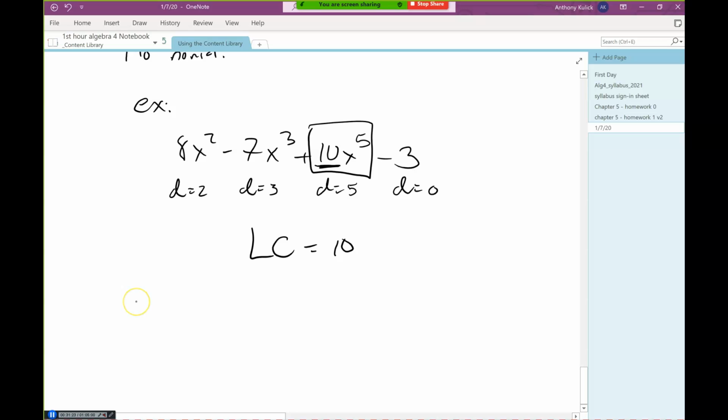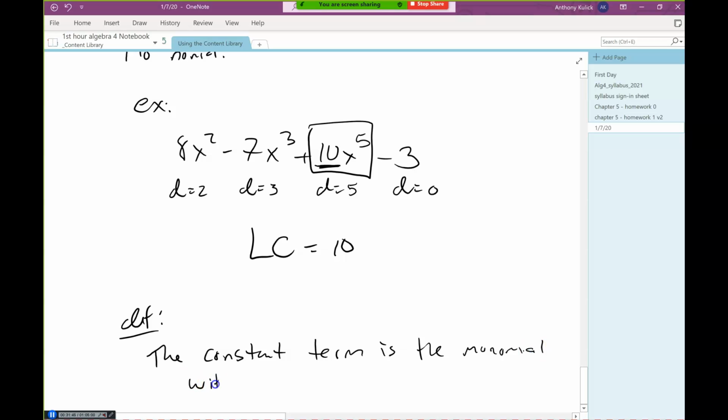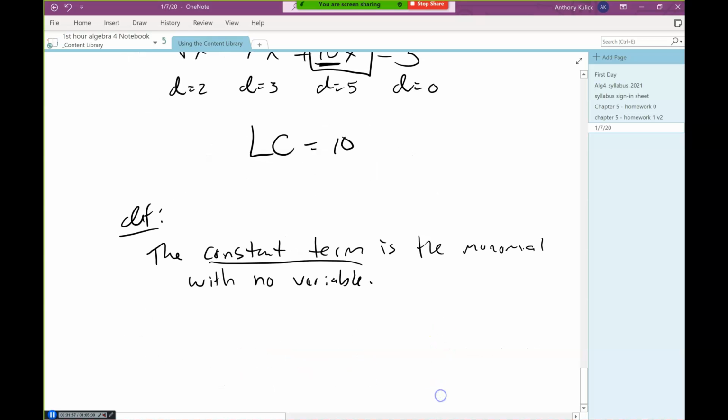Next up is another definition. So the constant term for a polynomial is just the monomial with no variable attached to it.